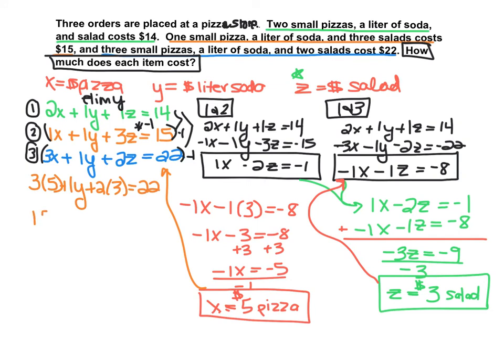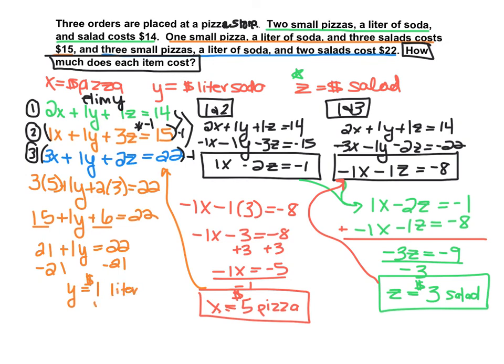Well, that becomes 15 plus 1y plus 6 is equal to 22. The 15 and the 6 can combine together to be 21. So I have 21 plus 1y equals 22. If I subtract 21 from each side, I find that y is equal to 1, which means that it costs $1 for a liter of soda.